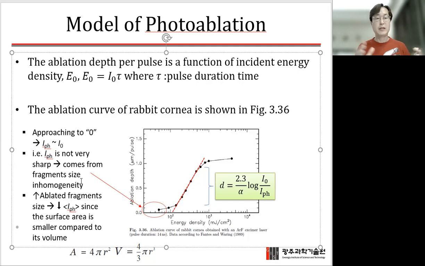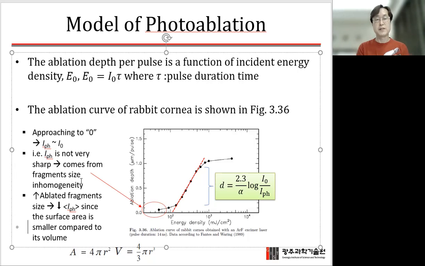And when the ablated fragment size increases, that causes a decrease of the threshold of the photoablation, because we know that when the volume increases, the surface area gets smaller. So with the same volume, to make a bigger surface area, you need to make small volumes, but many of them, as spheres.